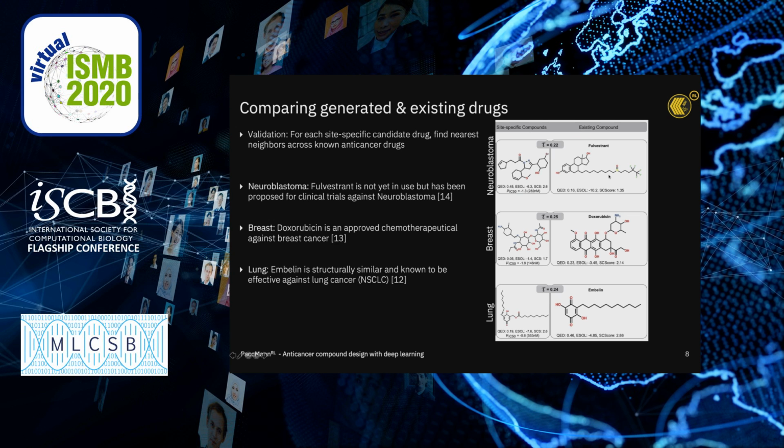The most striking observation is that those molecules that we sample for specific cancer sites have the highest similarity to compounds that are known to be effective for those cancer types specifically. So here the nearest neighbor in relative terms, the absolute similarity is not very high, but in relative terms the nearest neighbor is doxorubicin, where doxorubicin is an approved chemotherapeutic that's mostly used against breast cancer. And you have similar observations also in the case of lung cancer and neuroblastoma.